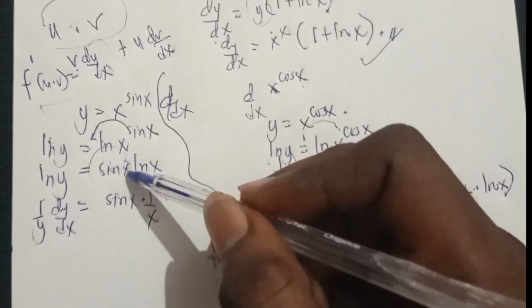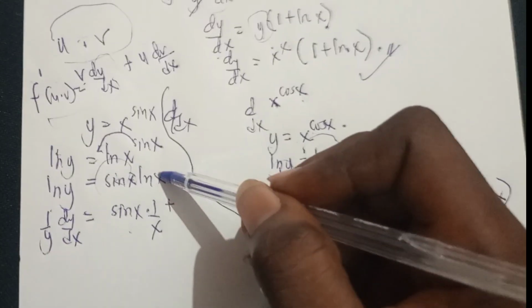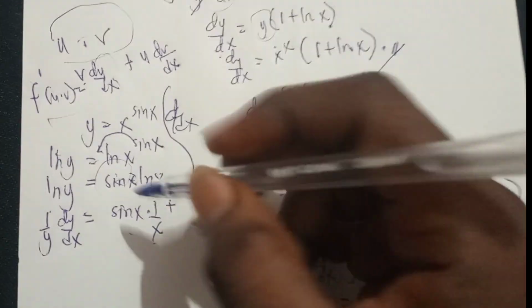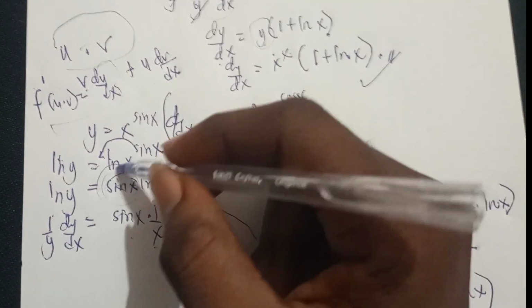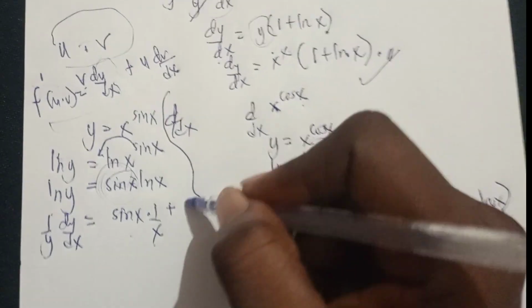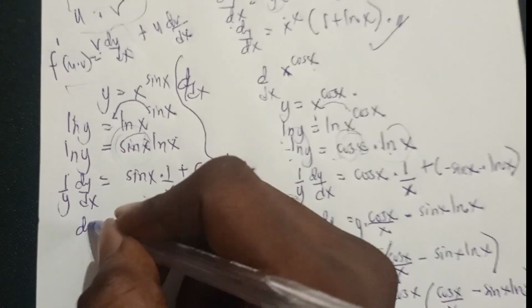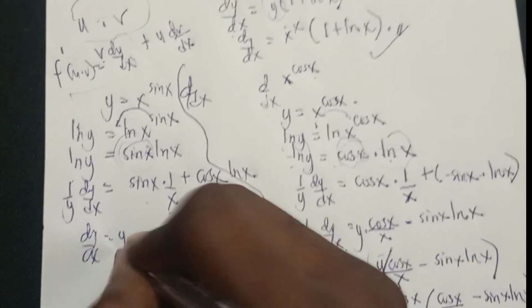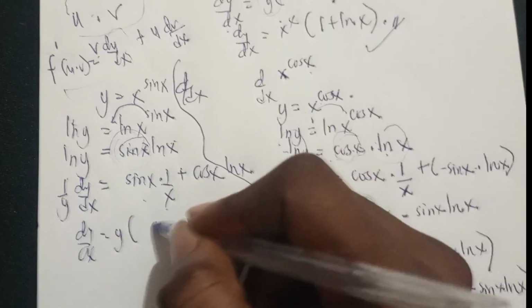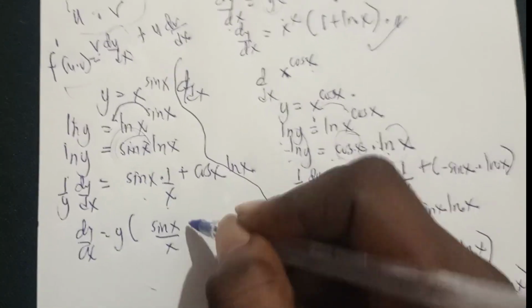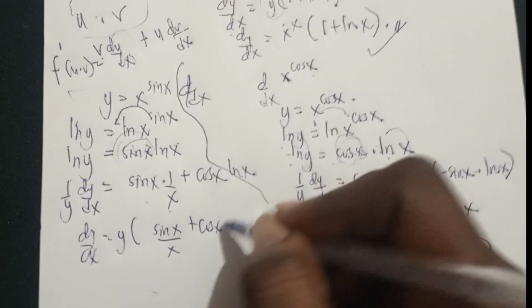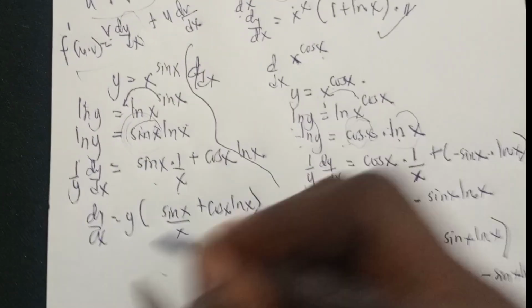So sine x was maintained, we differentiate natural log of x, then now we differentiate sine x, so that's going to give us cos x, then we maintain this one. Okay, so dy/dx is equal to y into brackets sine x over x plus cos x natural log of x.